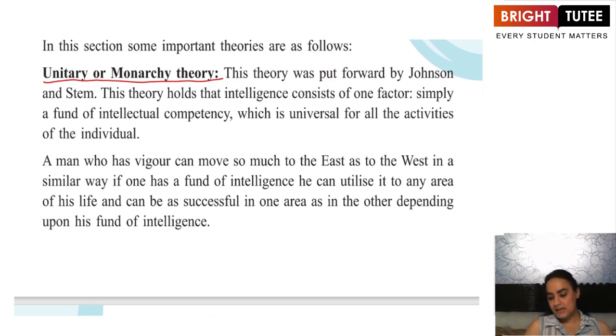Somebody who has the ability can do one thing with as much ease and efficiency as he can do the second thing. It is not that he will only be good at the first thing, and with respect to the second thing there will be some lack. No. He'd be equally intelligent and capable to take up both things.